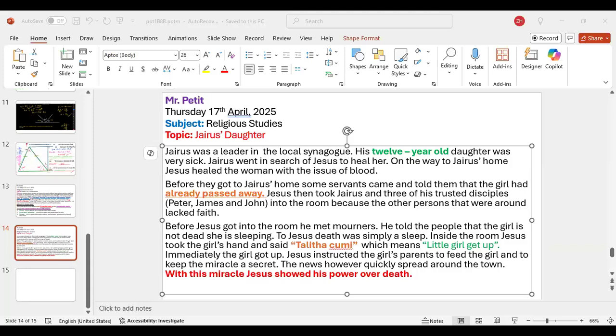He was met with mourners. What else? The little girl laying on the bed, dead. No, I mean at the home. He met people mourning and stuff like that.